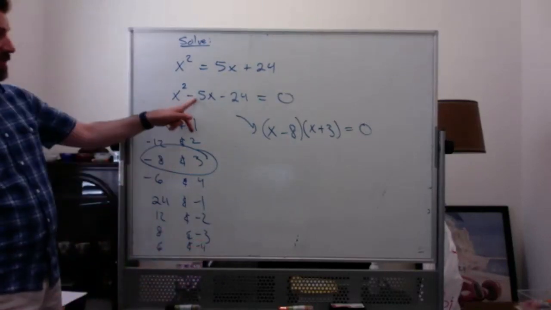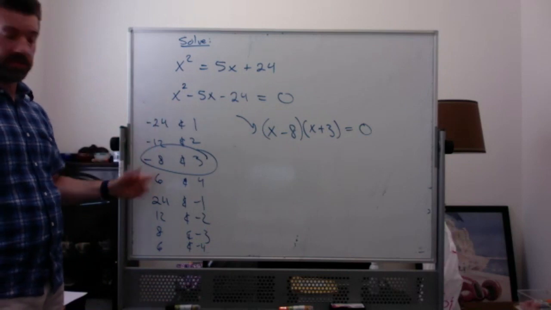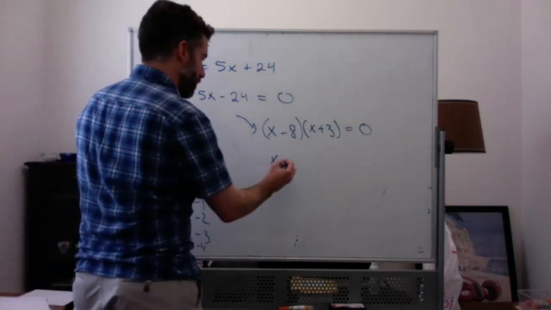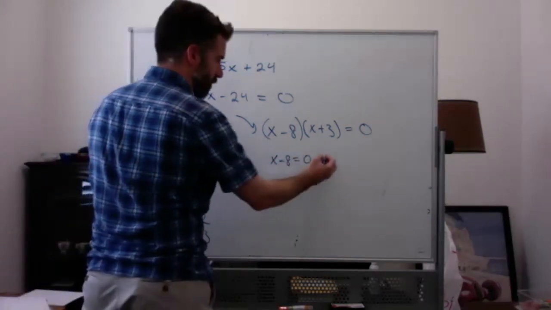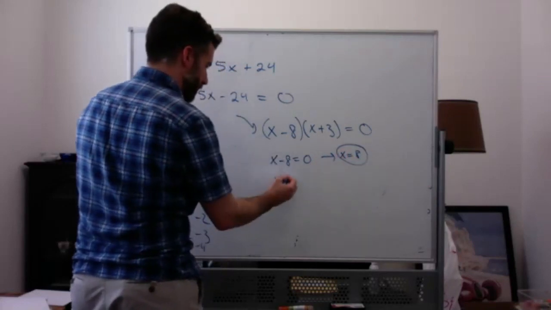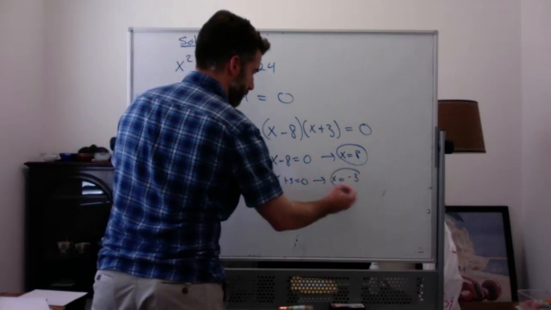But I knew that since this middle term was negative, the negative one had to be the bigger thing, so I didn't even look at those. So here, we have x minus 8 equal to 0, which gives us x equal to 8, and x plus 3 equal to 0, which gives us x equal to negative 3.